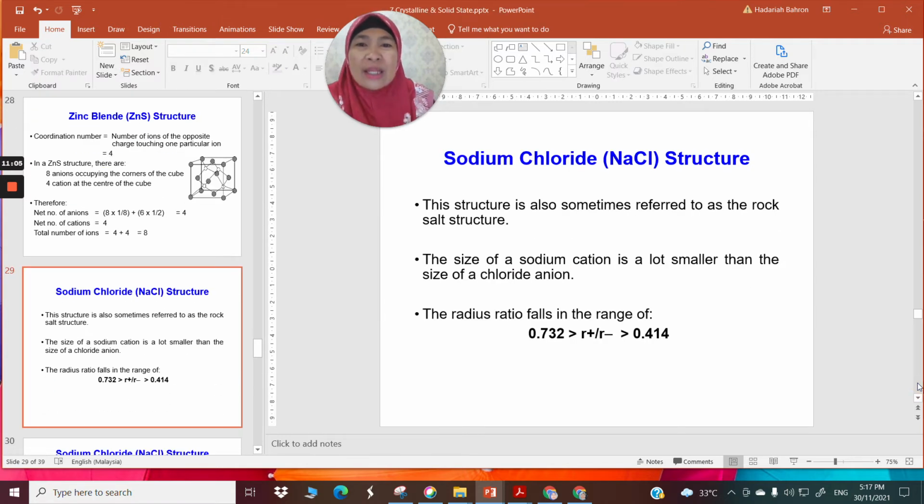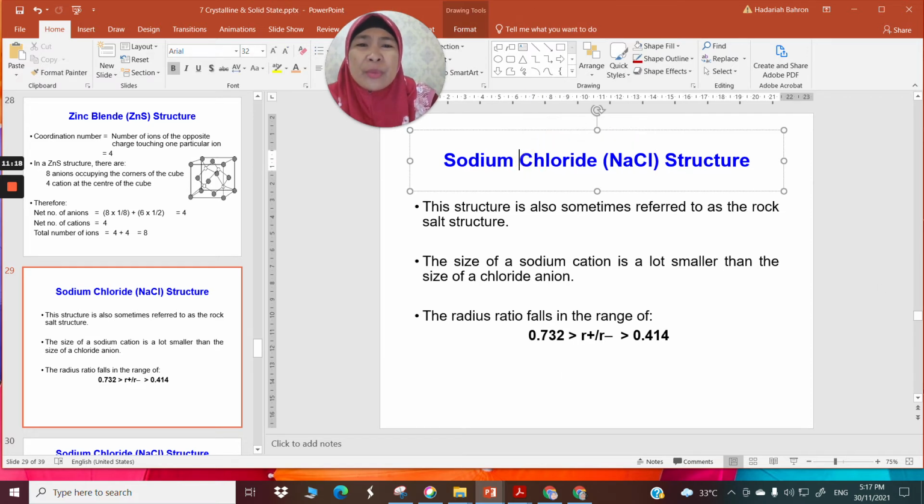Now go to the next one, when you have the cation still smaller than the anion but not too much smaller. Then the structure will assume the structure of sodium chloride, because if you take the ratio of the radius of sodium divided by the radius of chloride, you are going to have a value between 0.732 and 0.414.